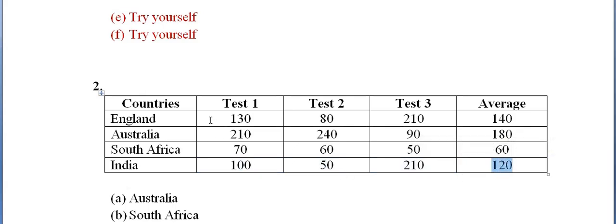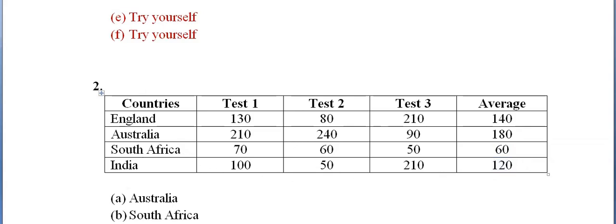All these figures are for the 4 teams, that is England, Australia, South Africa and India. So you have to look at the average. This is the average of England, 180 is the average of Australia, 60 is the average of South Africa, and 120 is the average of India.